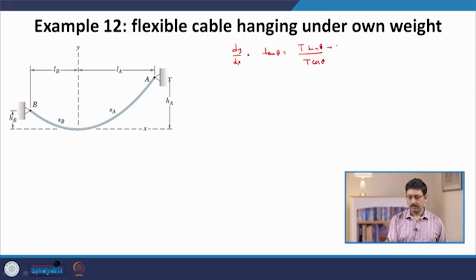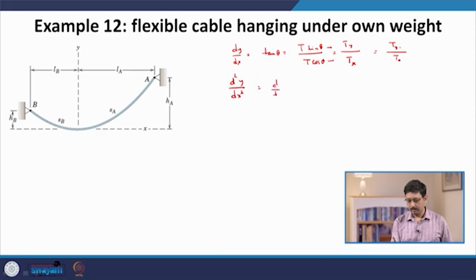This is the vertical component of tension, and this is the horizontal component of tension, which was a constant, some constant T naught. If we take a second derivative, since that horizontal component is constant, we can take it out.